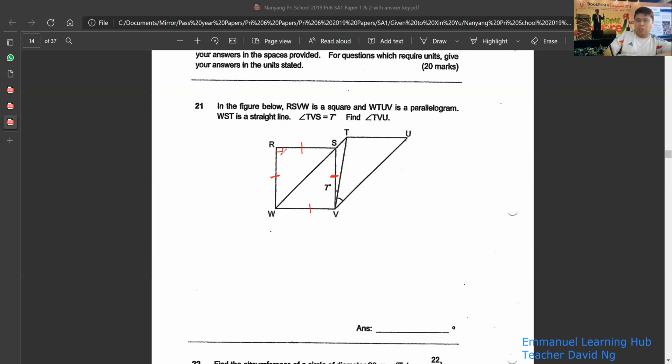If this is a square, it's 90 degrees. The drawing never indicates 90 degrees; they just tell you it's a square. But by telling you it's a square, you know it's 90 degrees. So to help yourself answer better during the exam, please indicate 90 degrees in the drawing before you try to do the question.